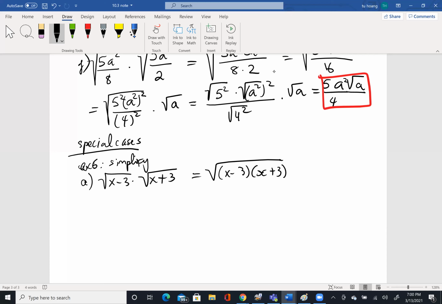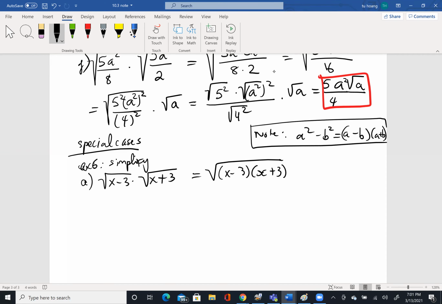And in this case, you will think about multiplying binomials, right? This is a special form, the difference of squares, which is a squared minus b squared equal to a minus b times a plus b. If we remember this form.